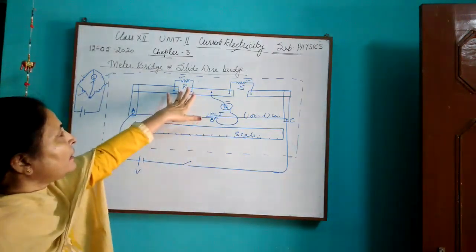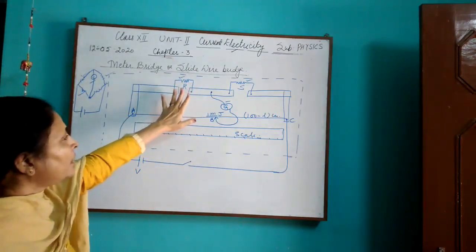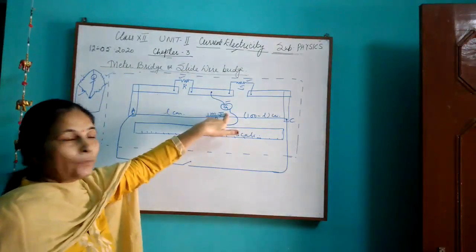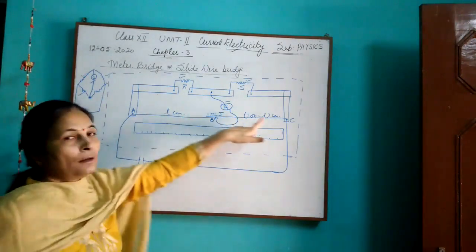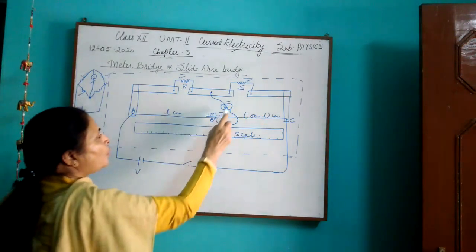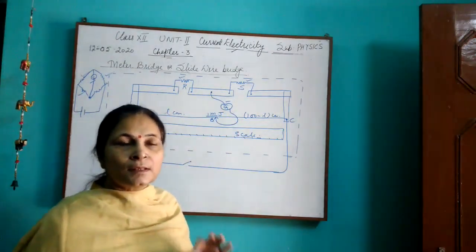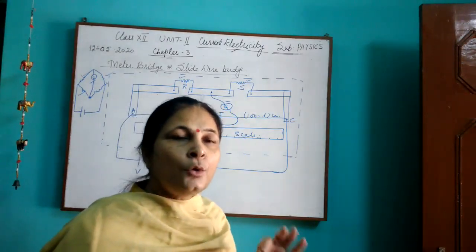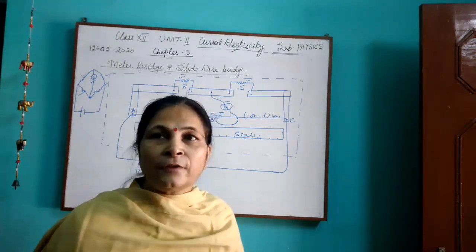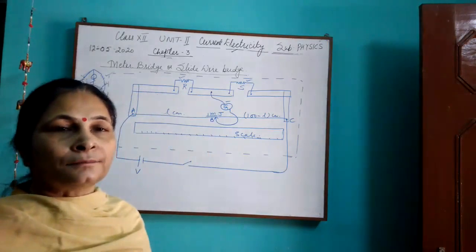Or if I take a given resistance, say R, after changing, then what we are going to do is move this jockey on the wire in such a manner that there is no deflection in the galvanometer.